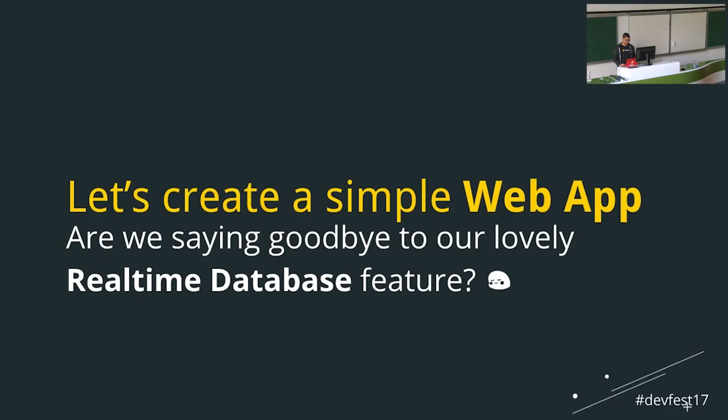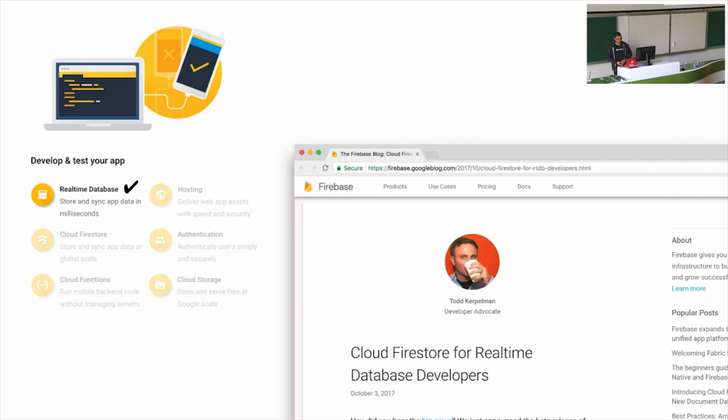Okay, so if you have Firestore, what are we going to do with the real-time database? It's useless now? Well, it's different. Cloud Firestore and the real-time database now have different purposes. For example, if you need to know which users are online in your application, you can't do this with Firestore.